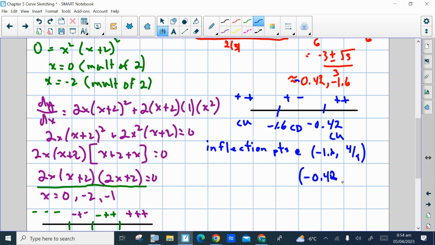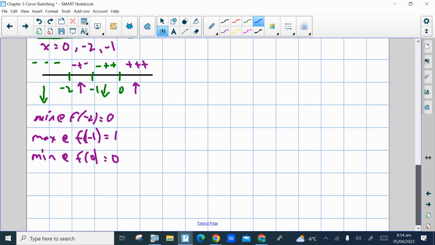It also works out to be 4 over 9. So again, you'd want to use the exact value in the equation, not the rounded one. Using the exact value gives you these 4 over 9 y values. So we now have everything we need to sketch our graph.